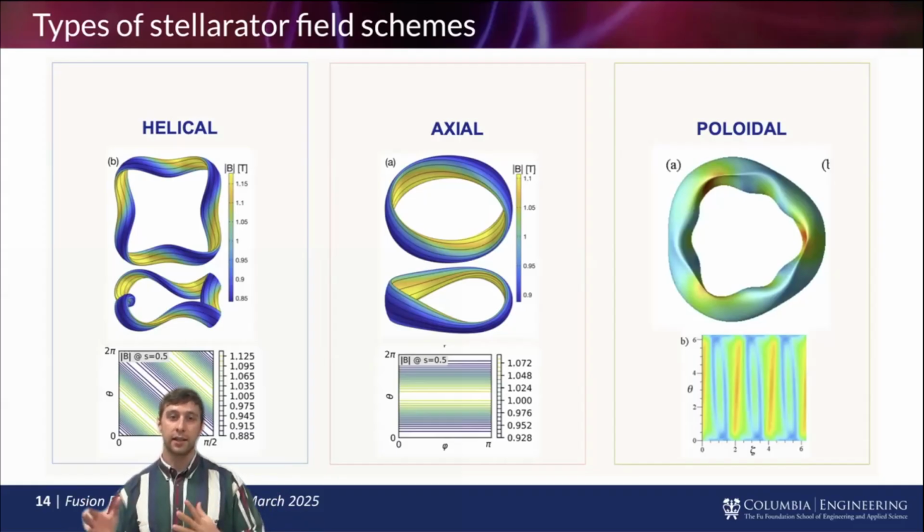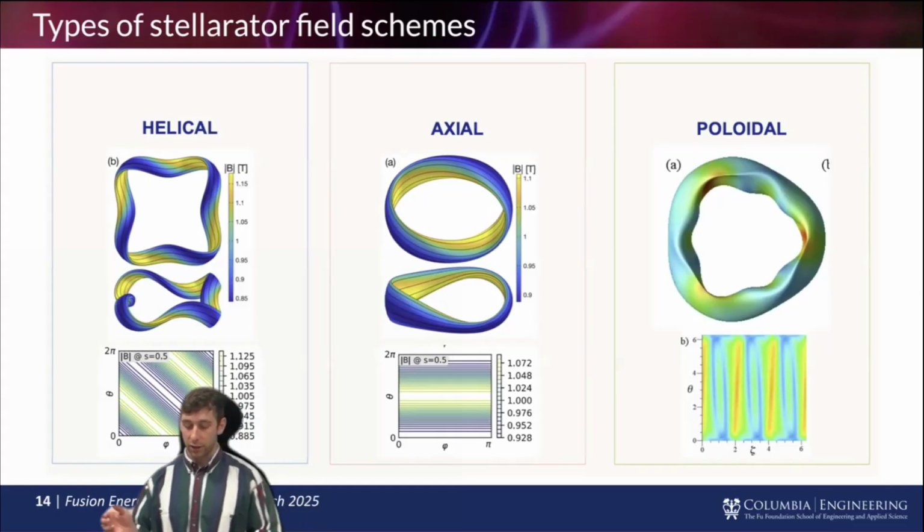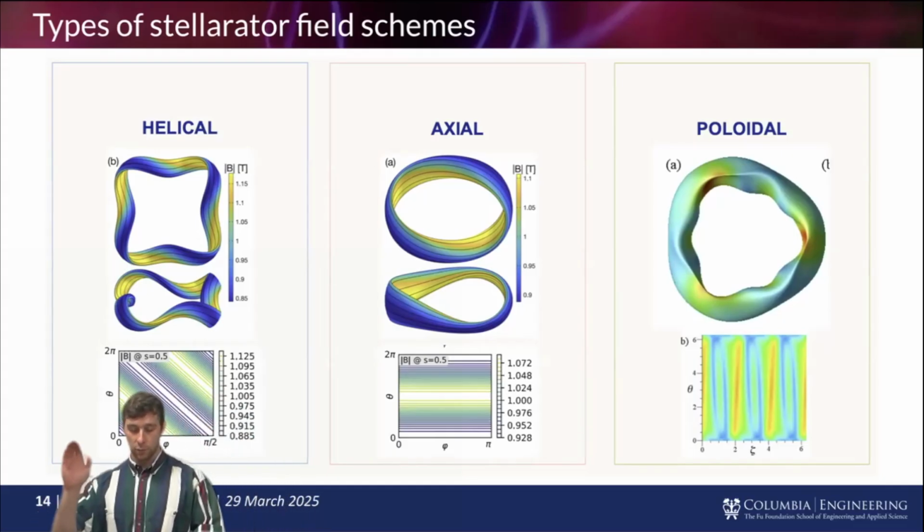These just indicate that if you unwrap the coordinates, so basically the orientation that you're looking at your field lines in different ways, you recover different types of symmetry. You can see that in the plots at the bottom of this page, showing that when you unwrap the field lines, you get symmetry either diagonally in a helically symmetric stellarator, horizontally in an axially symmetric stellarator, or vertically in a poloidally symmetric stellarator.